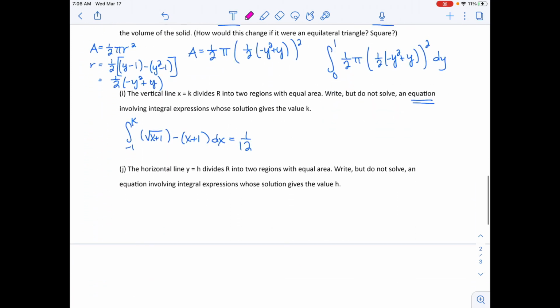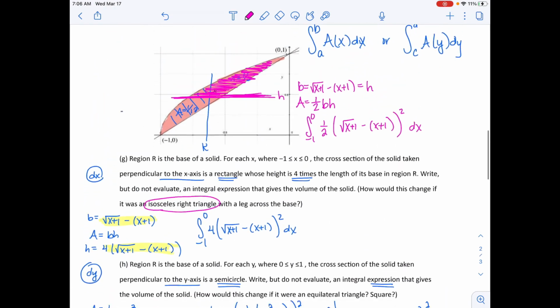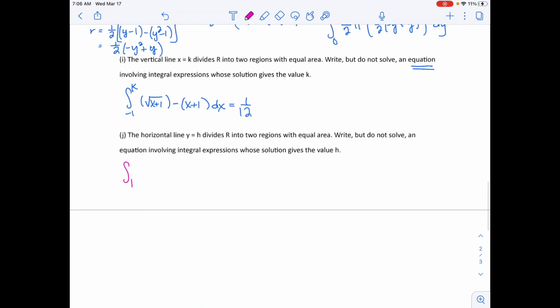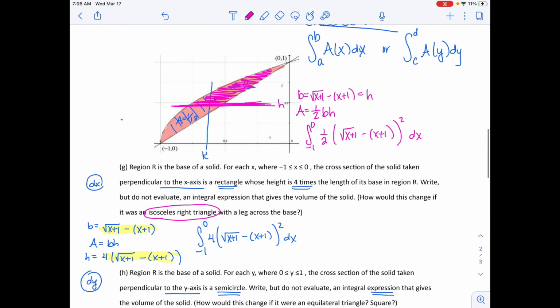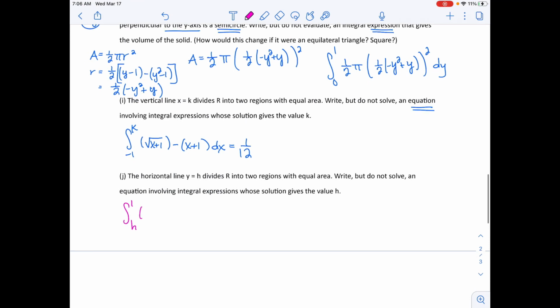And so the way I have that set up, the part I shaded, that is the integral from h up to 1. And you need to do the right minus the left. So y minus 1 minus y squared minus 1 dy, that's going to equal 1/12. And so all you had to do was set those up.